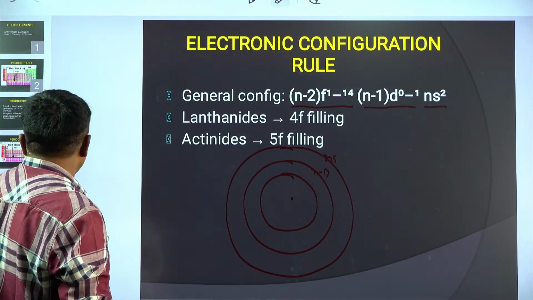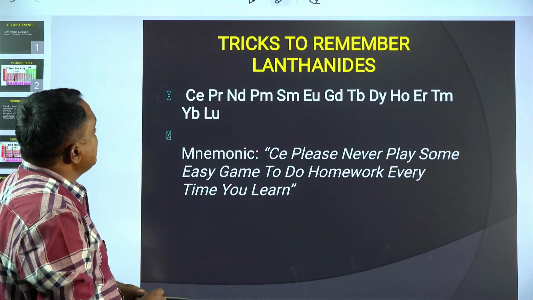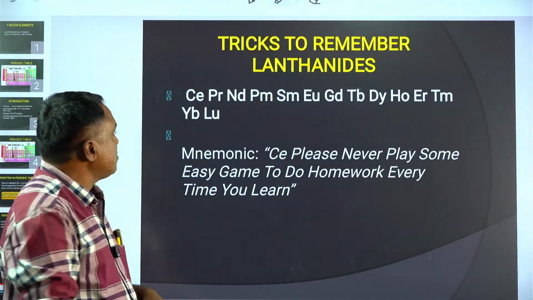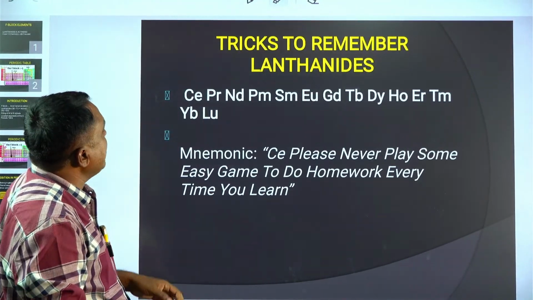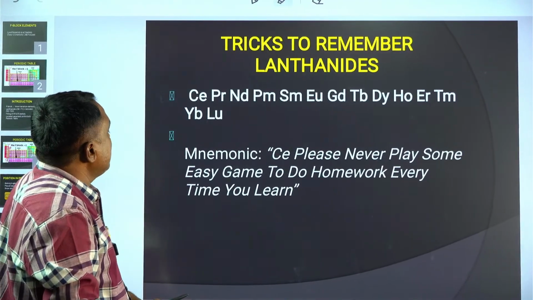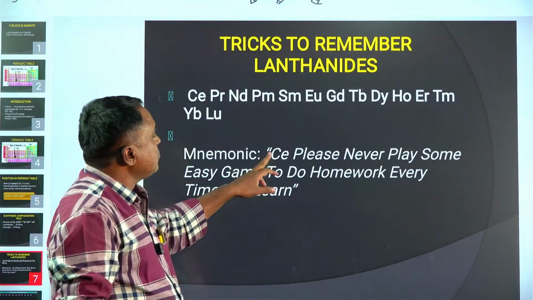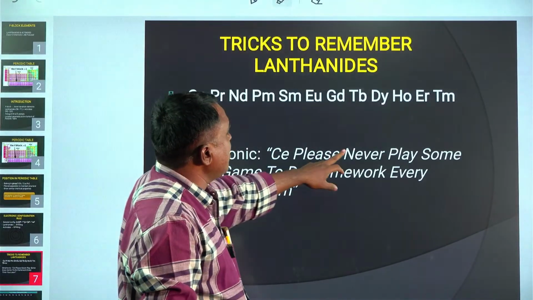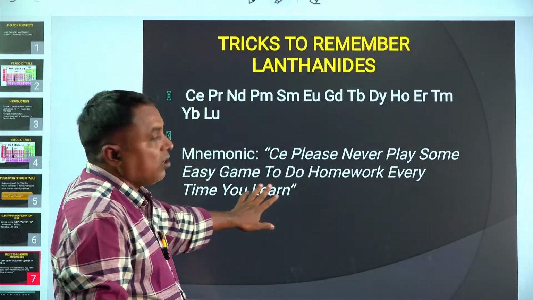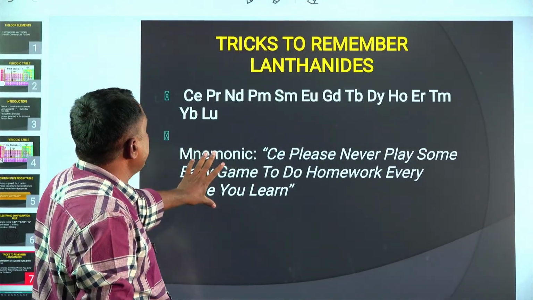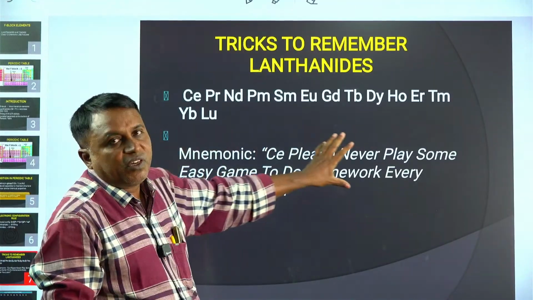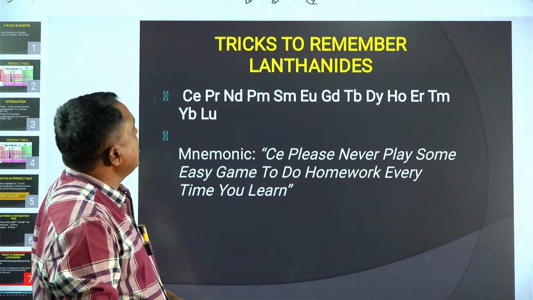So these are the elements belonging to the lanthanide series. To remember them, there is one mnemonic: please never play some easy game to do homework every time you learn. From this mnemonic, we can remember all 14 elements of lanthanides.